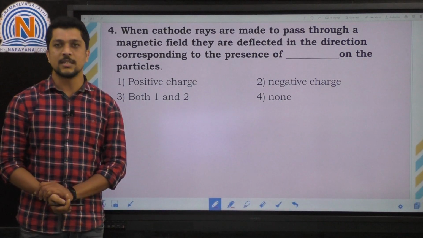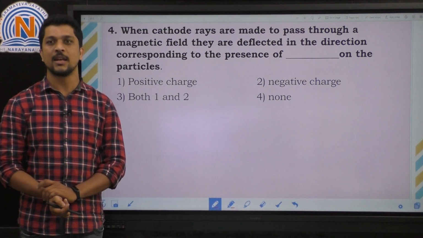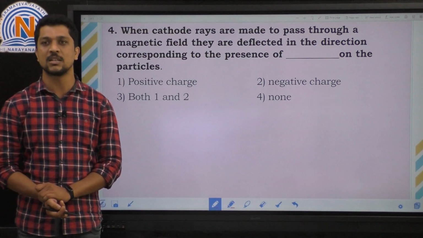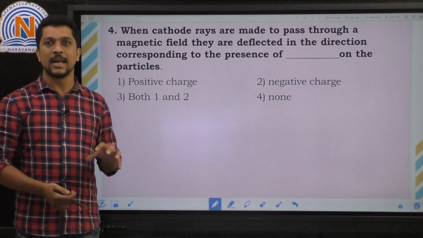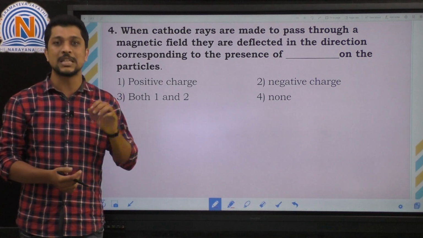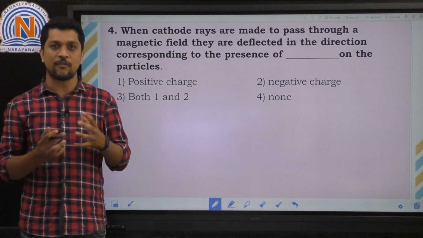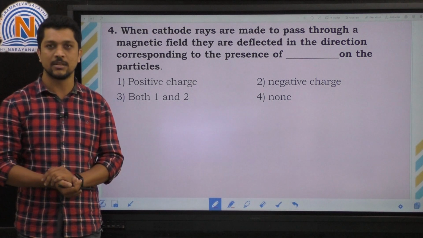Here the question is, when cathode rays are made to pass through a magnetic field, they are deflected in direction corresponding to the presence of the dash on the particles, right? So here cathode rays are passing through the magnetic field, right? So towards the magnetic field they deflect, but the charge of the cathode rays won't change.